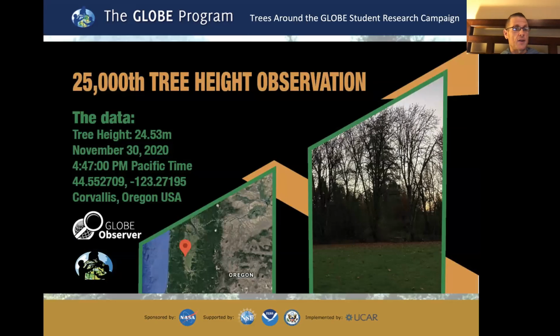So I just want to showcase this. November 30th of 2020, we had the 25,000th tree height observation from the NASA GLOBE Observer Trees tool. And this came from, which is really cool because Peter is from Oregon, he works at Oregon State University in Corvallis, okay? This observation came from Corvallis, Oregon, but it is not Peter's.